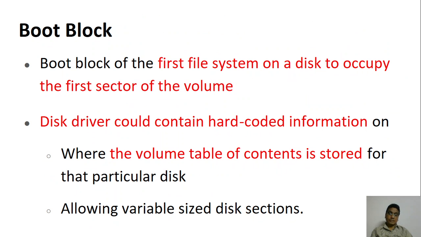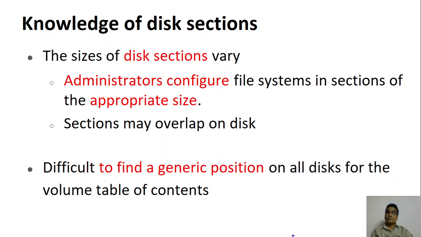As an administrator, you can configure the file system section to an appropriate size. So now the question is, how do I know from where I have to start reading this section? Which is the particular section? You have a disk here.